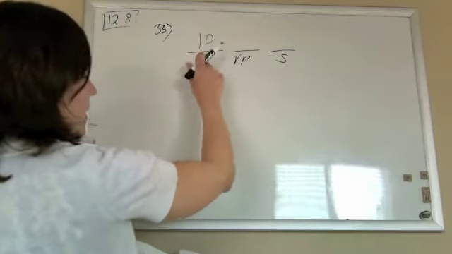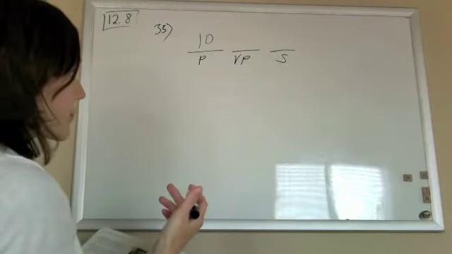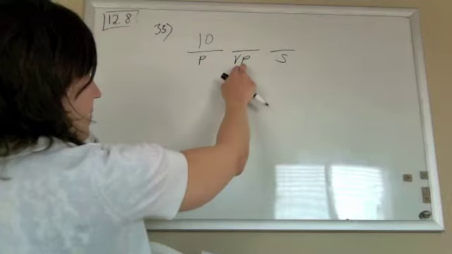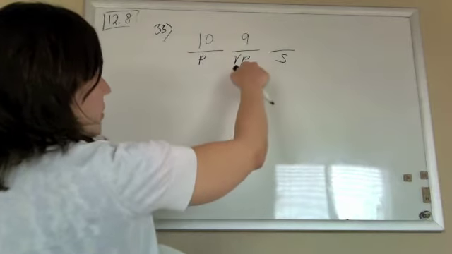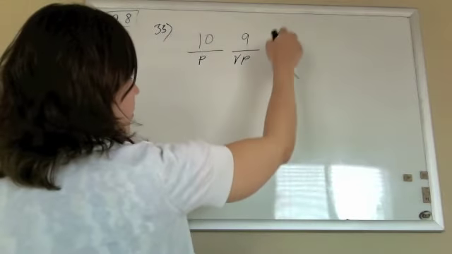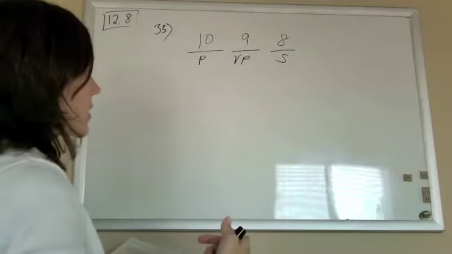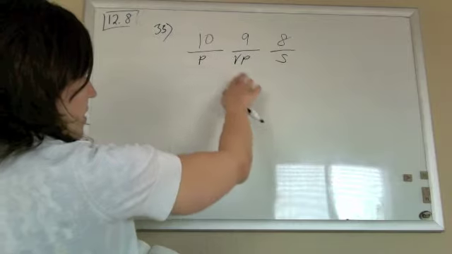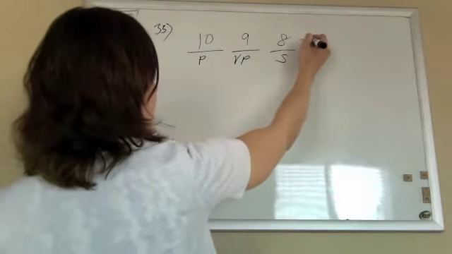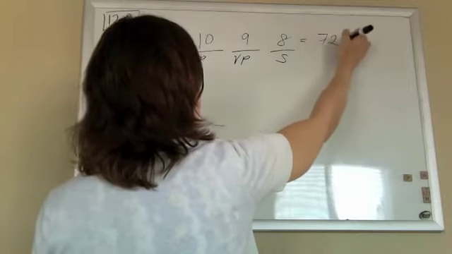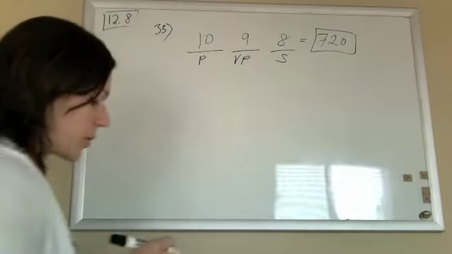You've got 10 possibilities for your president, and then I'm guessing your vice president and your president aren't the same, so there are 9 people left over to be your vice president, and therefore 8 people left over who could be your secretary. So 10 ways to choose a president, 9 ways to choose a VP, 8 ways to choose a secretary. Multiply those all together, you get 720.